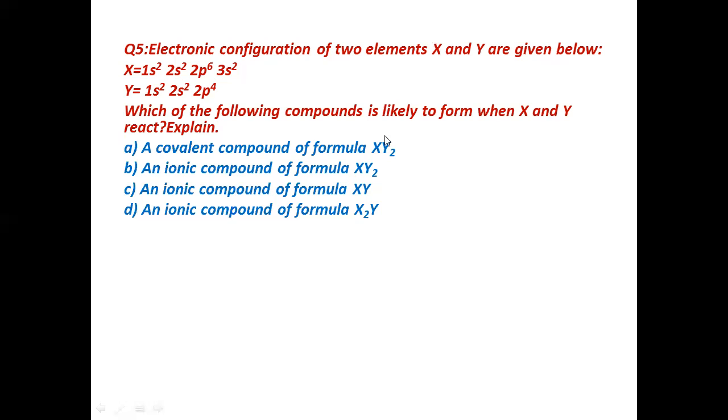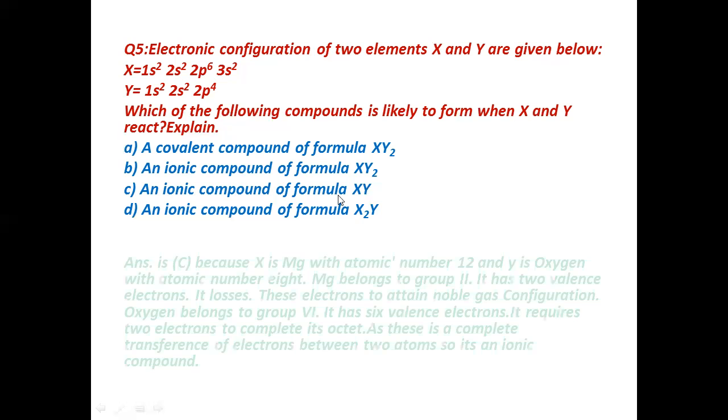Same for the covalent compound: a metal and a non-metal will never give a covalent compound. They will give an ionic compound, but not XY2. For 1 magnesium, we need 1 oxygen. Yes, this one is correct: 1 magnesium, 1 oxygen, and an ionic compound. And X2Y means 2 magnesium and 1 oxygen. No. So C is the correct answer.